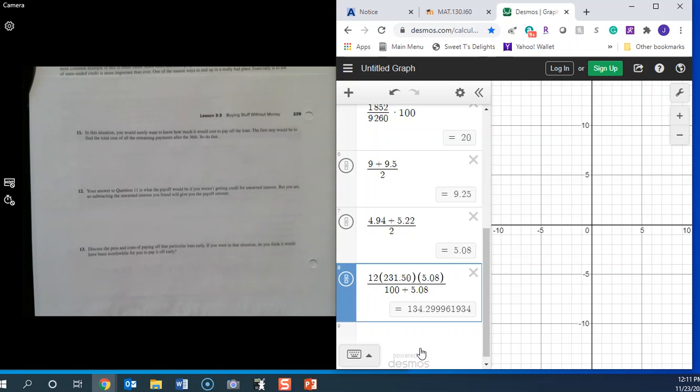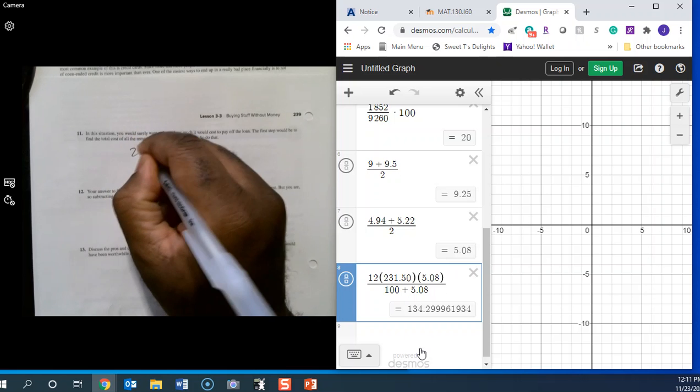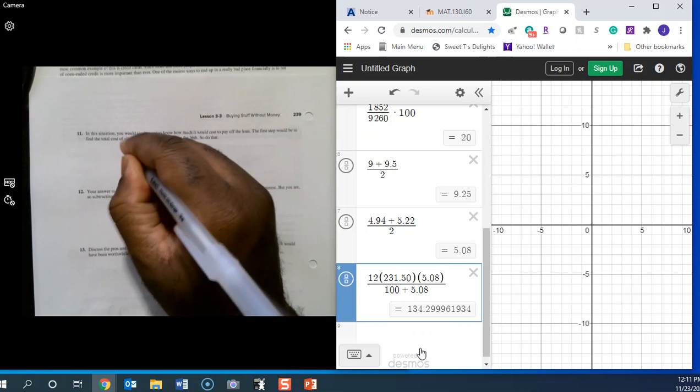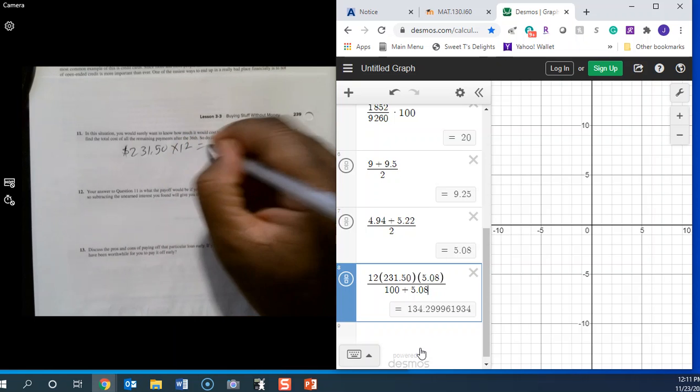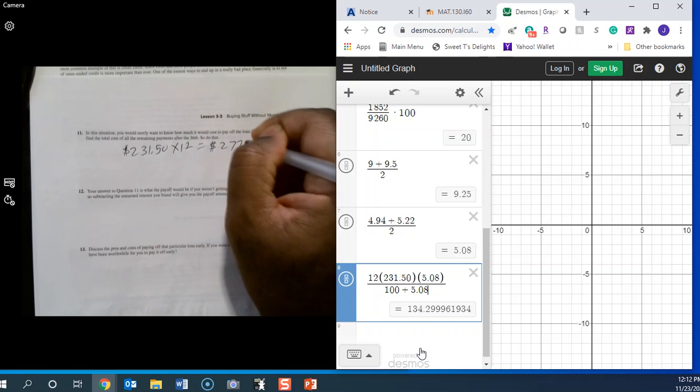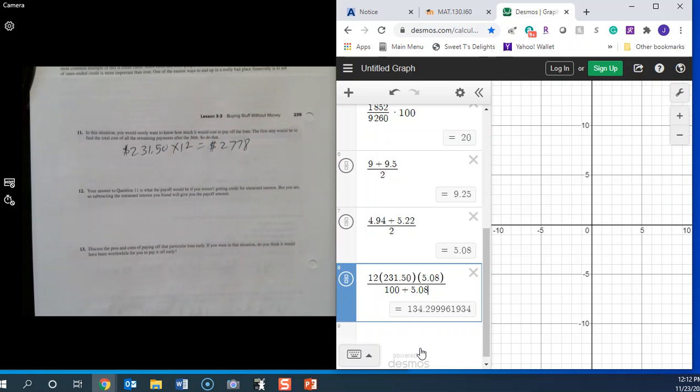So we would take the monthly amount, which is $231.50, multiply that by the 12 payments, and that would give us $2,778. That's how much was remaining if we didn't pay everything off by the 36th payment. This is how much we would end up paying for those other 12 payments.